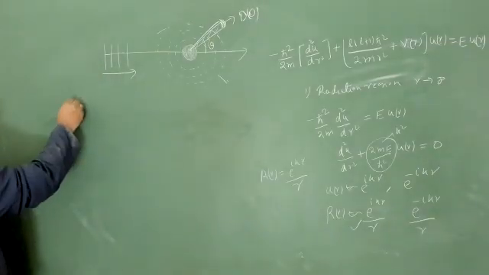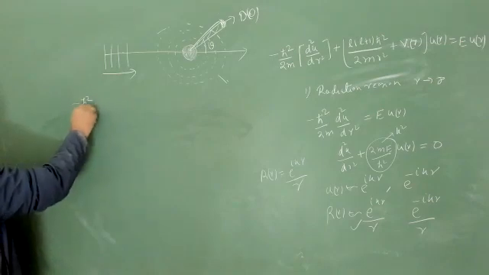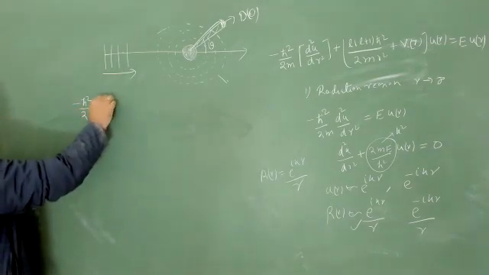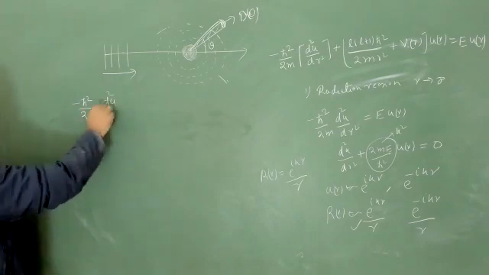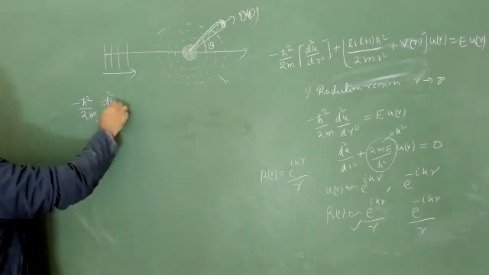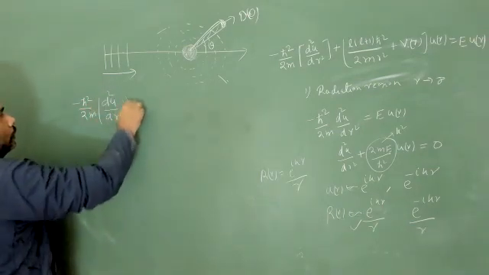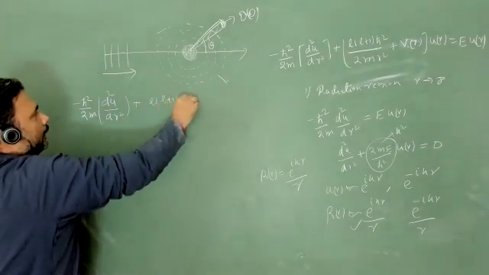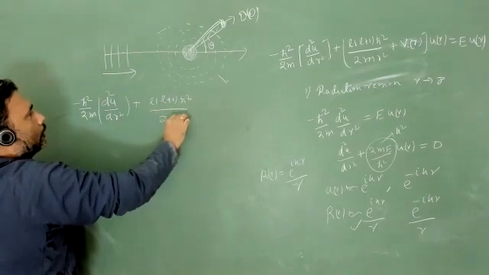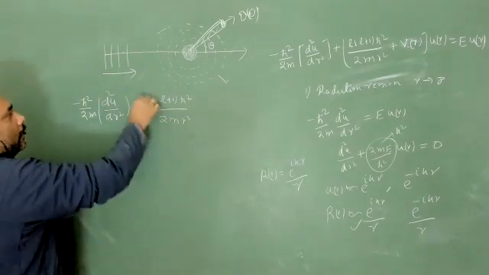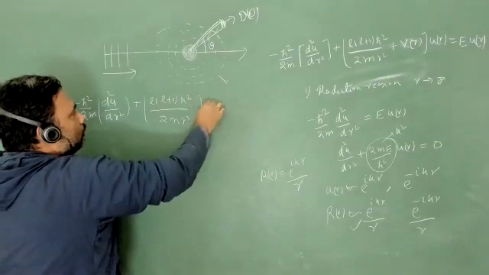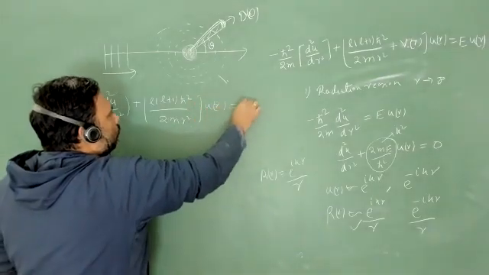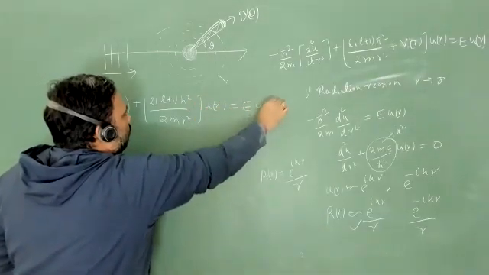My equation is minus h cut square upon 2m d square u upon dr square plus L into L plus 1 h cut square upon 2m r square ur is equal to E ur.